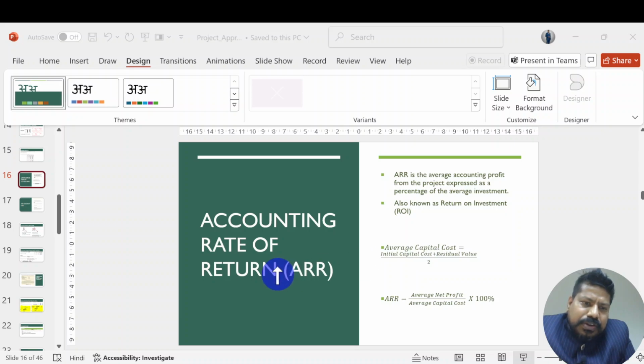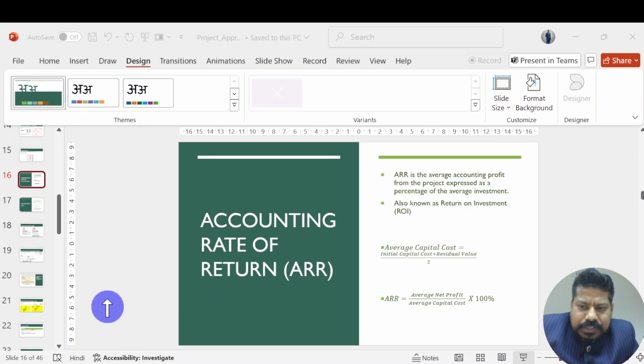So let's do the calculation for the alpha project. Average annual profit is: year 1, 15, 10, 3, 2 divided by 4, because 4 years, it comes down to 7,500.